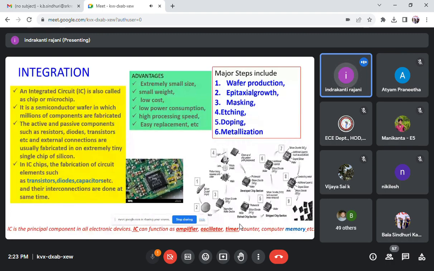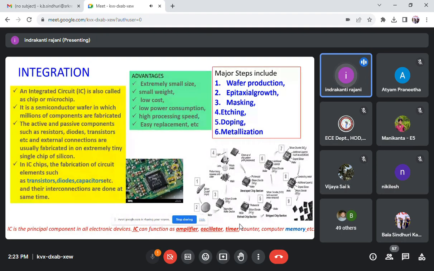You have to cut it, using some kind of chemical techniques. It should be cut into wafers, like bread slices, in the form of layers.